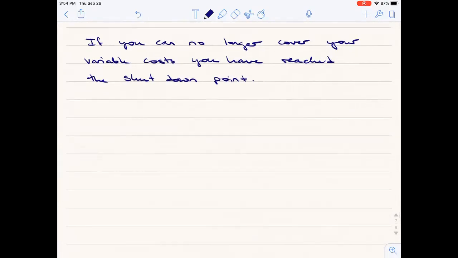So if we break it down, remember our profit function, the profit of X was X times P minus C, minus the fixed costs.